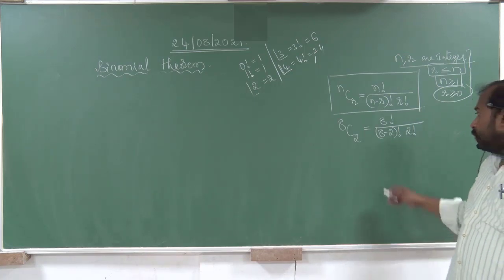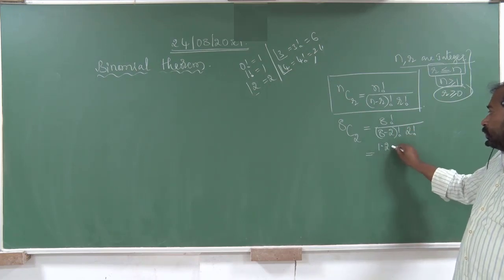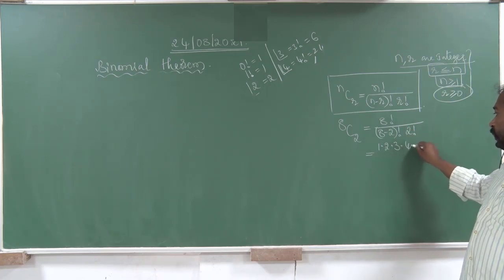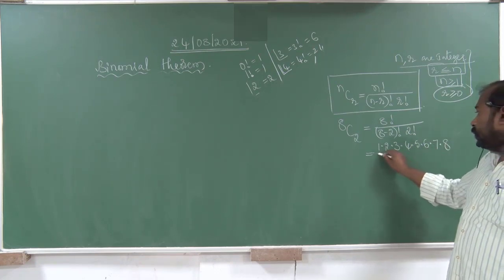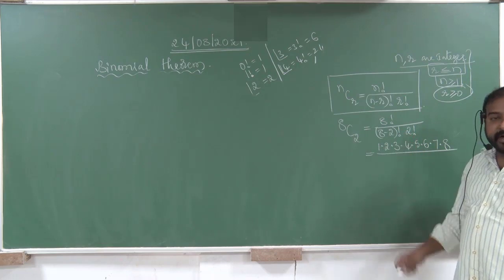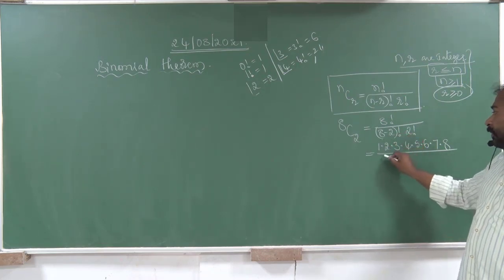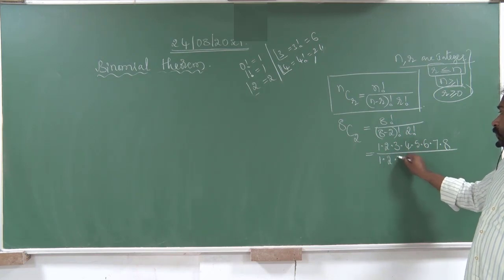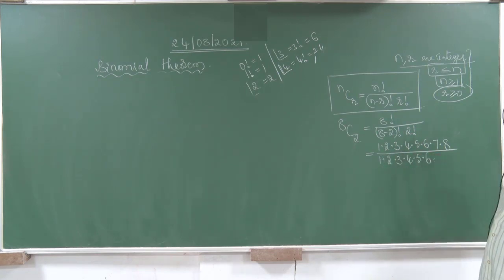Then as usual, 8 factorial means 1 into 2 into 3 into 4 into 5 into 6 into 7 into 8, whole by 8 minus 2 means 6 factorial. 6 factorial means 1 into 2 into 3 into 4 into 5 into 6. 2 factorial means 2 into 1.